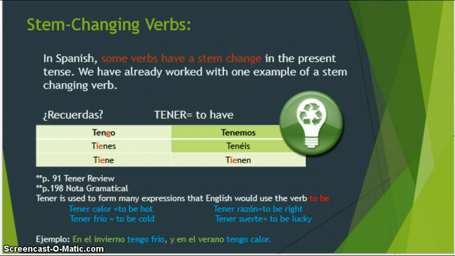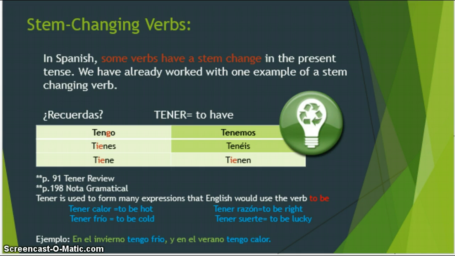For this particular chapter, we will be using tener conjugations in order to use some expressions which in English would have the verb to be. Por ejemplo, tener calor, to be hot, tener frío, to be cold, tener razón, to be right, and tener suerte, to be lucky.